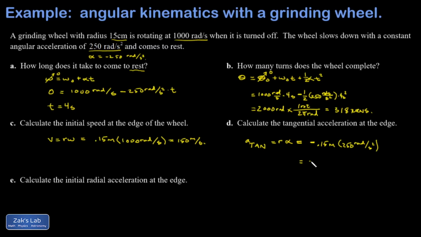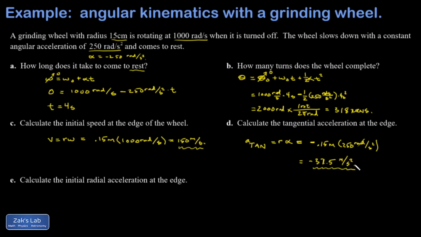And when I do that, I get negative 37.5. And at this point, I need to remember that radians are unitless, and I can disappear them whenever I like. And I get meters per second squared. So I've got this speed of 150 meters per second. And then a tangential tells me how fast that's slowing down.